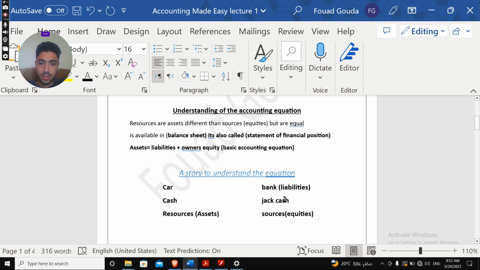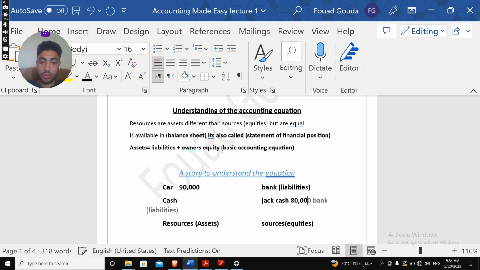So, 80,000 pounds. He goes to the dealership, and the dealership tells him that the minimum car is $90,000. Alright, and Jack has only $80,000 or pounds, whatever the currency is. Alright, Jack has 80,000 pounds.